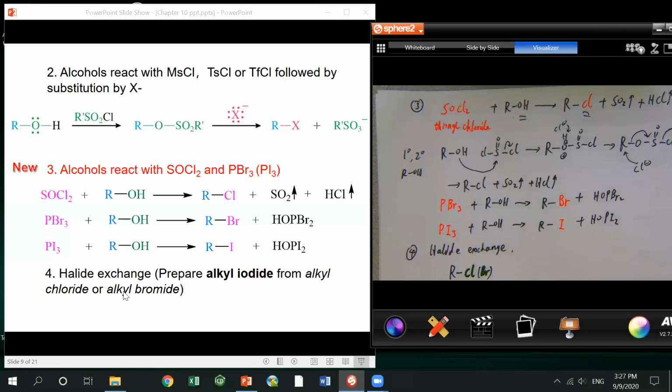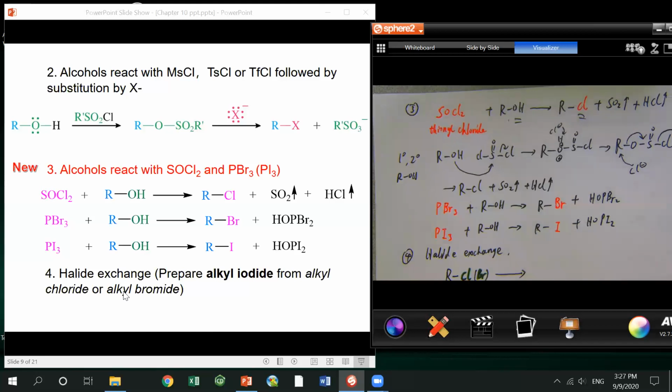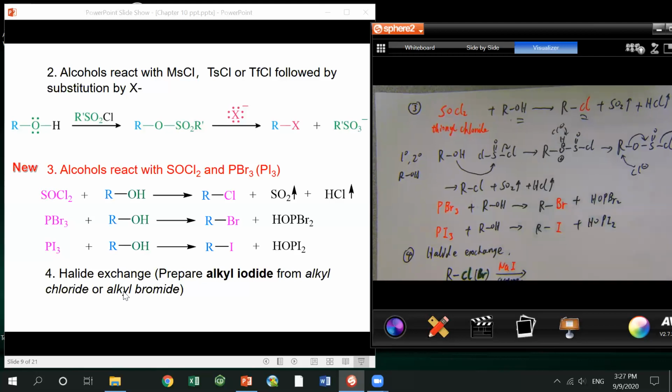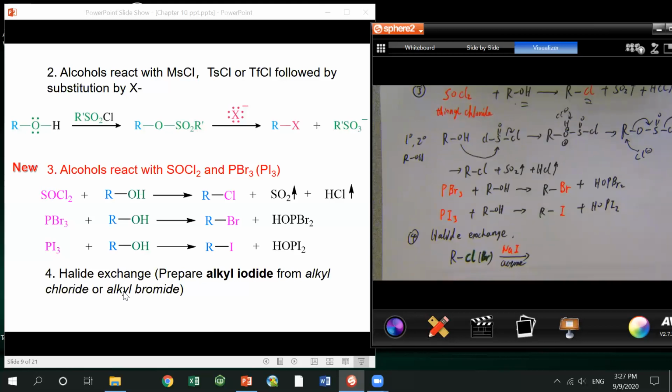Then we use a special reagent, sodium iodide in acetone. Once the reaction is done, you get the alkyl iodide, plus sodium chloride or sodium bromide.